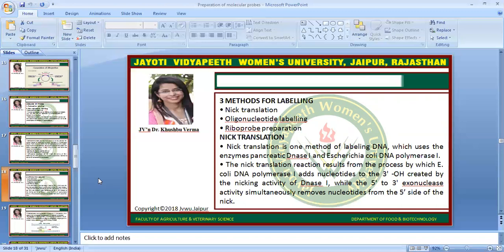The reaction results from E. coli DNA polymerase 1 adding nucleotides to the 3' OH created by the nicking activity of DNase 1, while the 5' to 3' exonuclease activity simultaneously removes nucleotides from the 5' side of the nick.